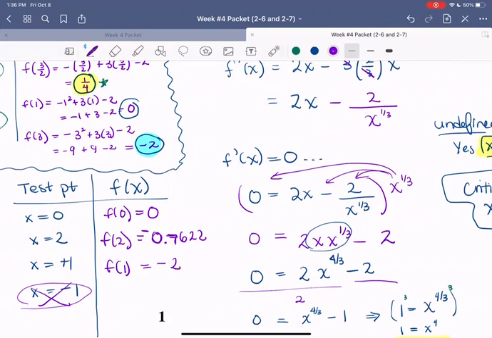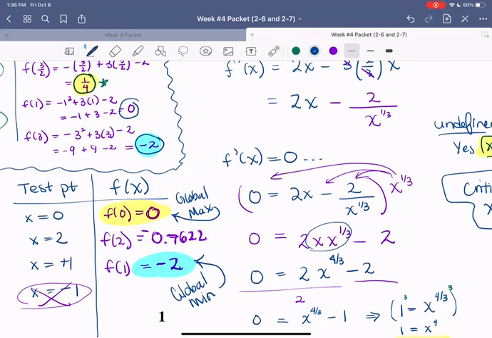Of these values, which is the largest? Awesome, 0 is the largest number, so here is our global max. And what about our smallest number? -2. So our global min is -2.